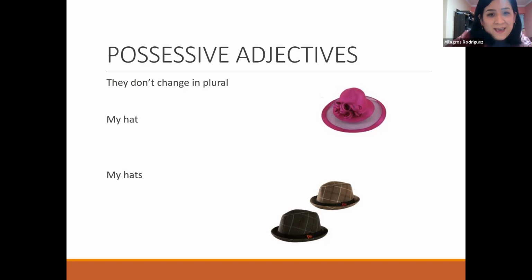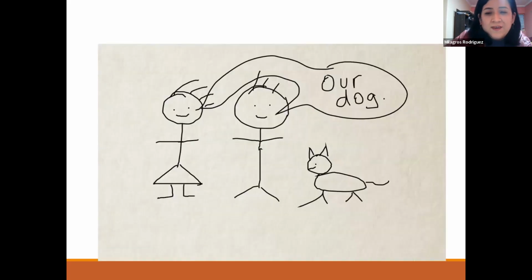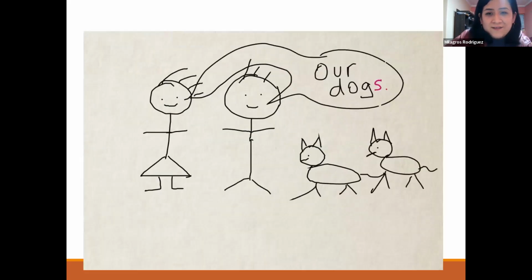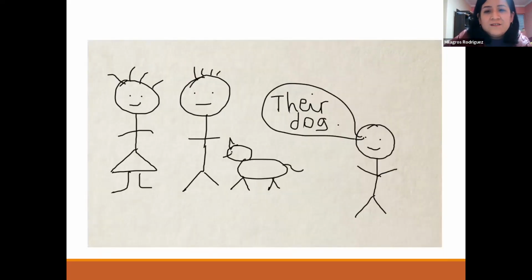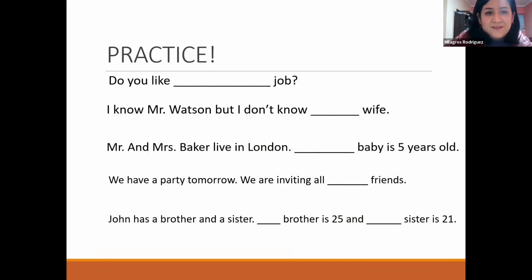I always use my if I'm talking about myself, right? The things that I have. Our dog or our dogs. The idea here is that the possessive adjective is not flexible, right? It's just one, it doesn't change.